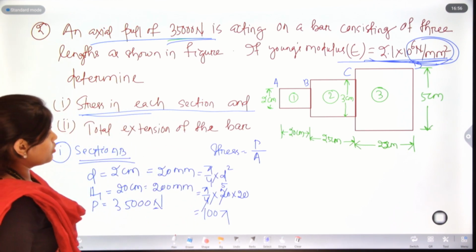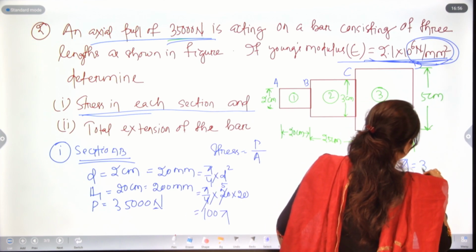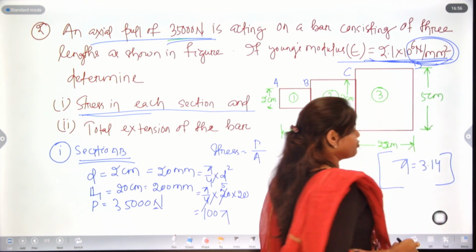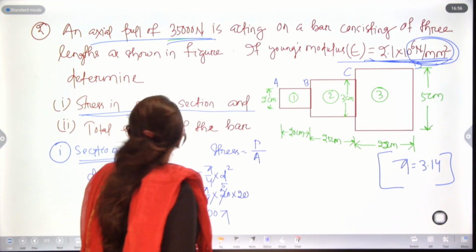As we can't work with pi directly, we will take pi equals 3.14. If you are using a scientific calculator, you can put pi directly.